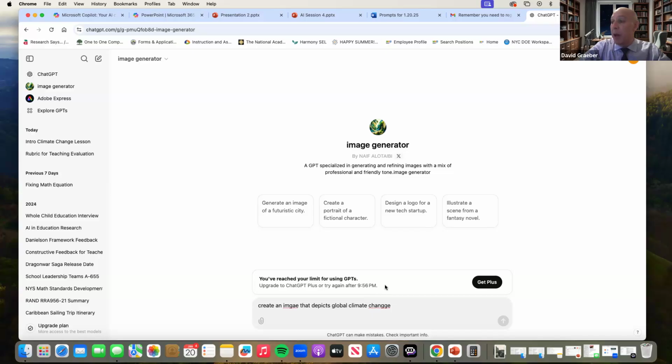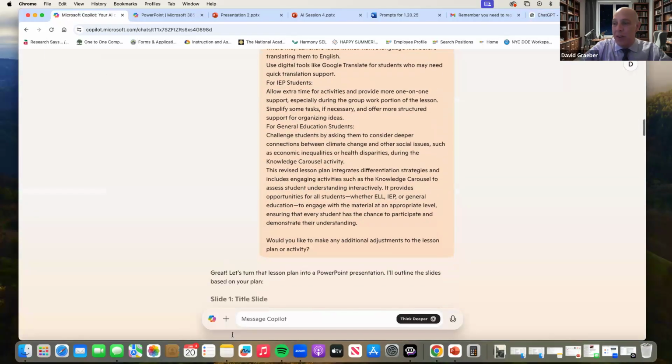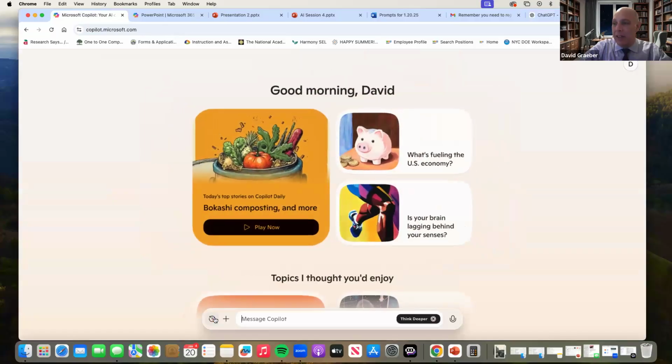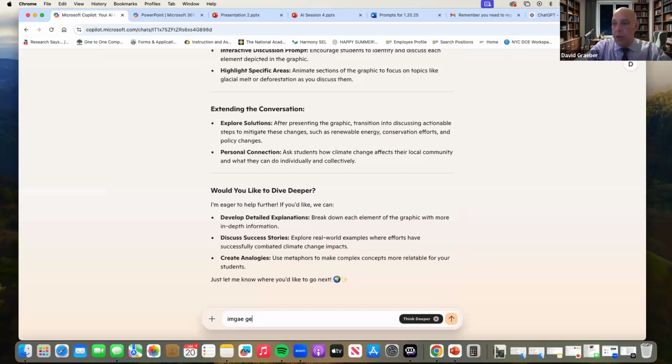See, I don't have Plus. I have to upgrade after 9:56 p.m. I've reached my limit for using GPTs. This is the limit. This is the AI revolution in front of us. So I pay for Copilot, right? And so let's say image generation.